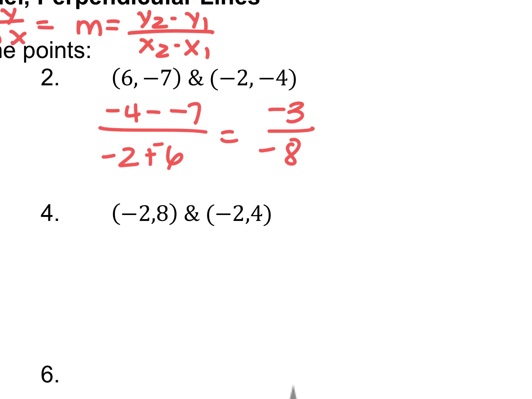Yes, negative 4 minus negative 7 is positive 3. So it's positive 3 over negative 8. So can I switch it so that it looks like this? Can I simplify this, honey? No. Okay.